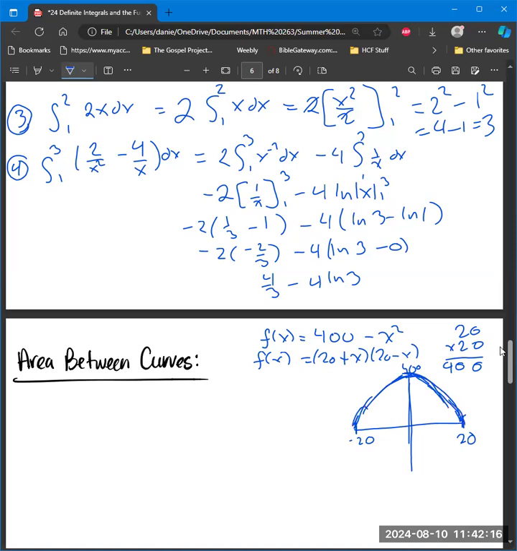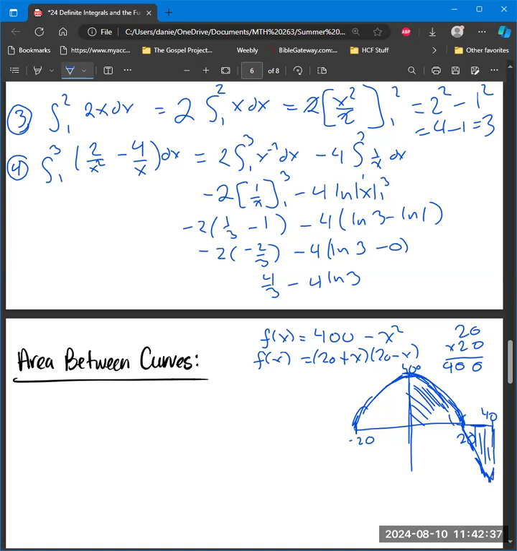And if I want to look at the area here from 0 to 40, I know this area, then there's going to be this area that's going to be here.